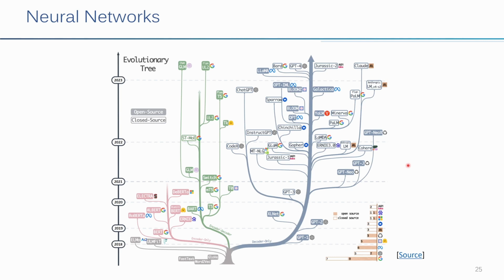One thing that's quite interesting to see here is how the different companies have their most prominent models open sourced or not. As we see here, the open source models are the opaque ones, so all of these are open source, whereas the closed ones are those with a white background. So we do have a lot of models still being closed source, right?